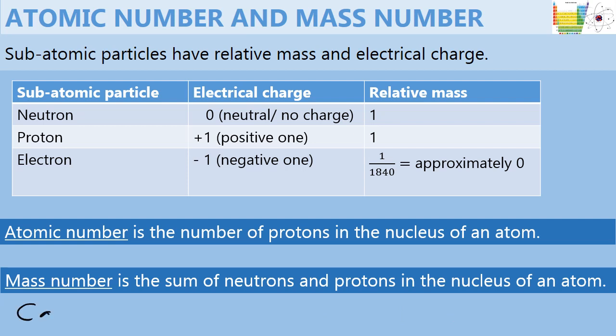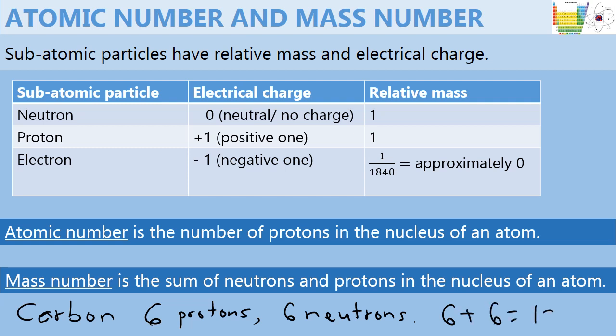Carbon, do you remember the number of protons? It has 6 protons and 6 neutrons, meaning it has a mass number of 6 plus 6, which is 12.